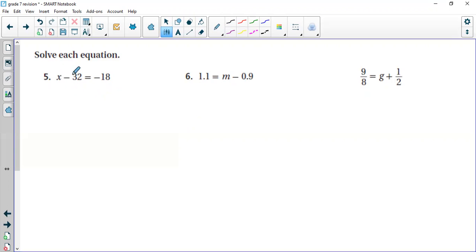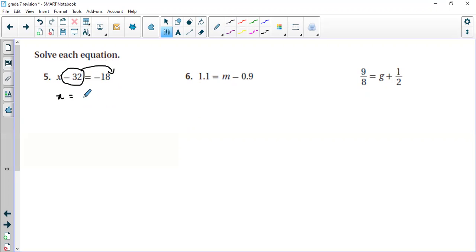When you're solving, you need to move the variables to one side and keep the numbers on one side. But when you move, the signs change. For example, here it's x minus 32 equals negative 18. So we have to move the negative 32 with the same numbers, right? So minus 32 becomes plus 32.